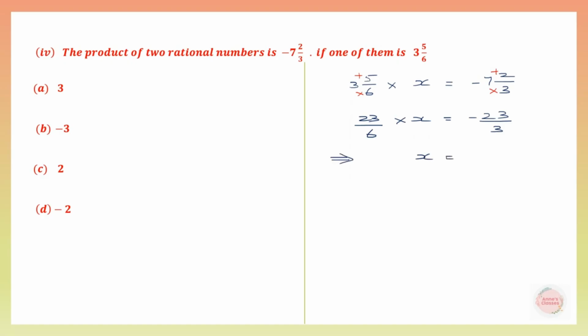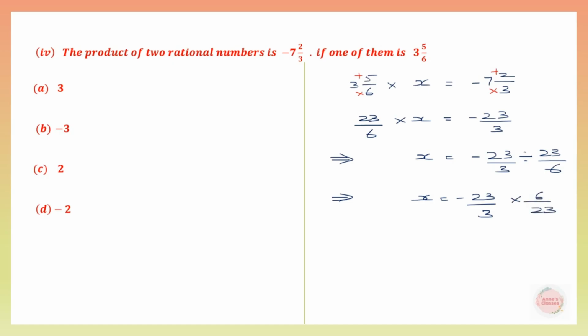X is equal to minus 23 by 3. We're going to transpose 23 by 6 to the other side, because it is multiplication, when it goes to the other side it becomes a division, divided by 23 by 6. So here x is equal to minus 23 by 3 into 6 by 23.